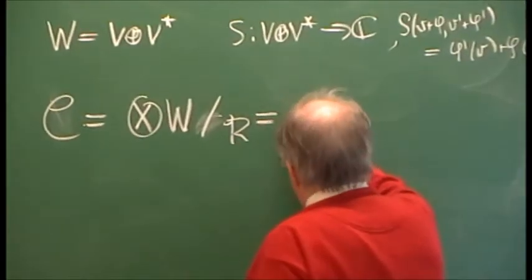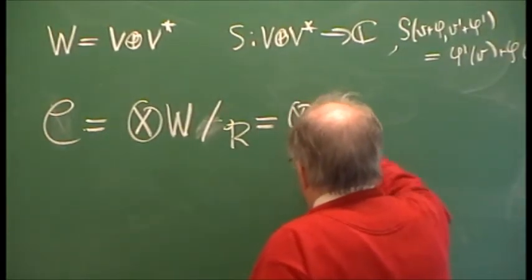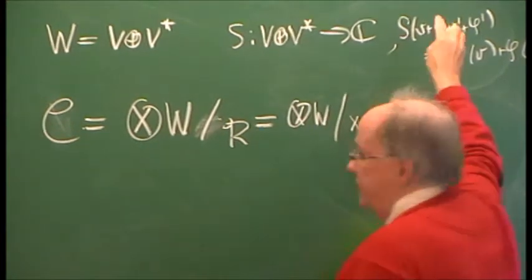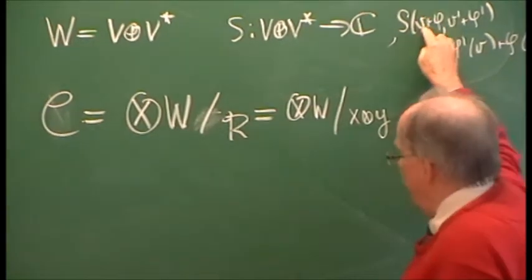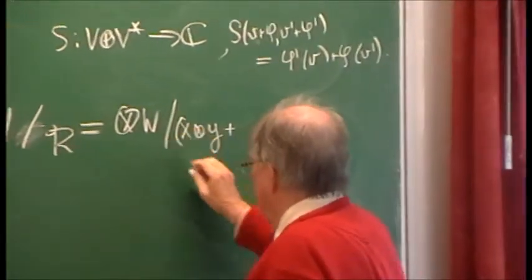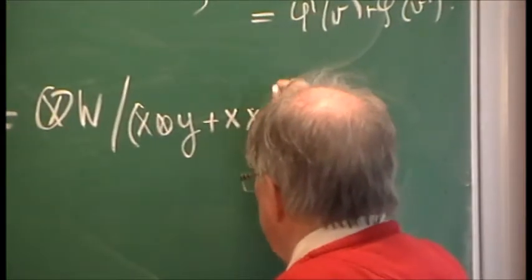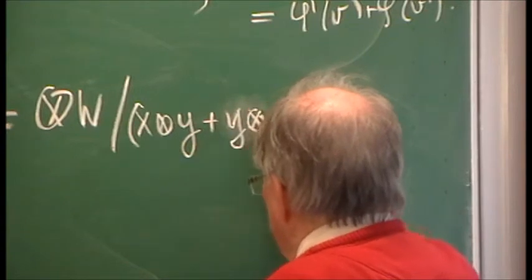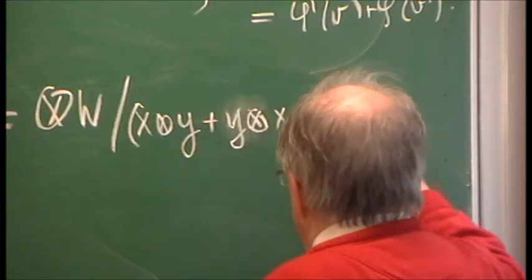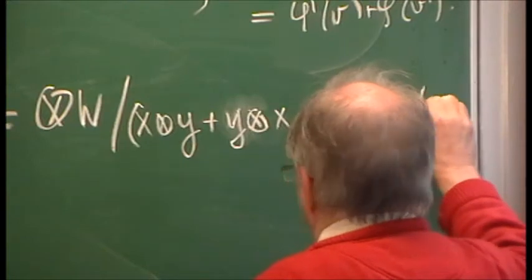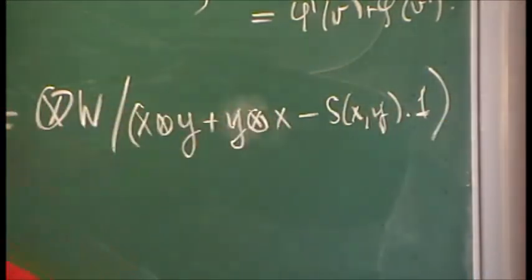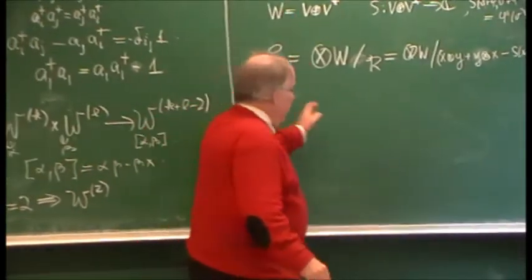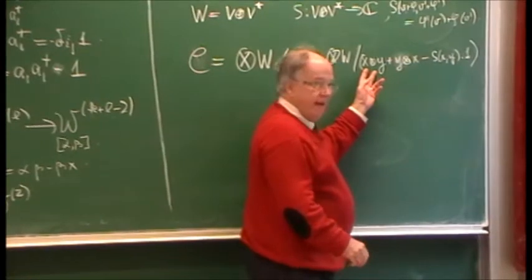So what is this? This is the fourth thing, modulo x, y. Now, this is symmetric. So the correct universal algebra discussion of this matter is the ideal generated by x tensor y plus y tensor x minus s of x, y times 1. Okay? So we want to go to a place where we can multiply vectors.